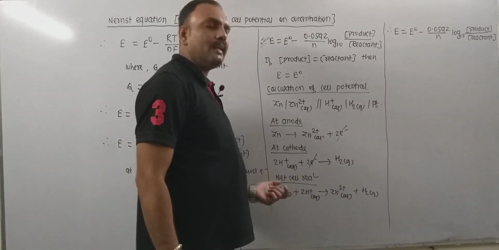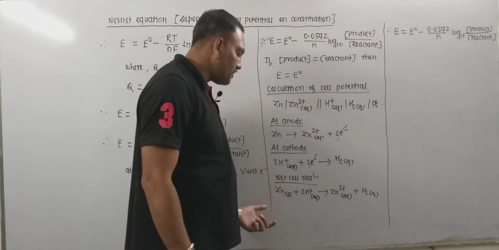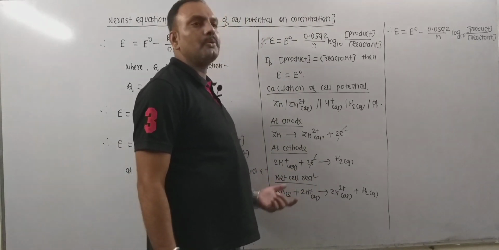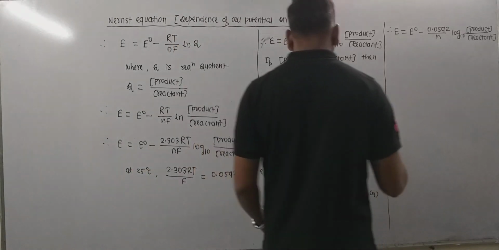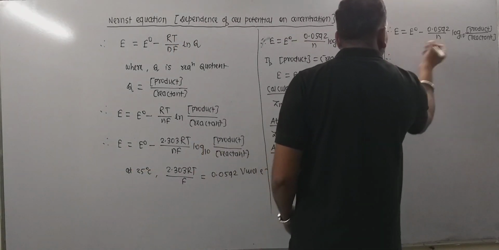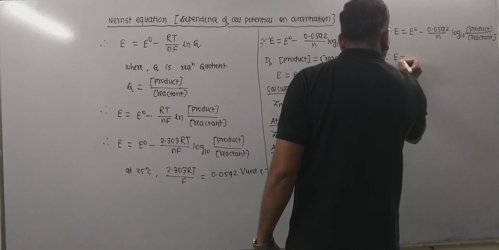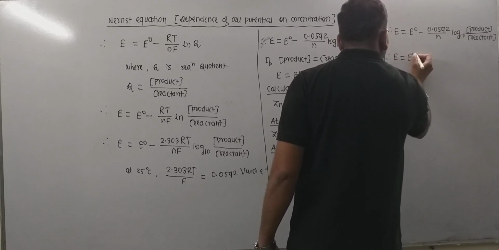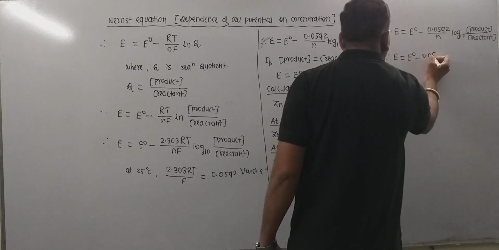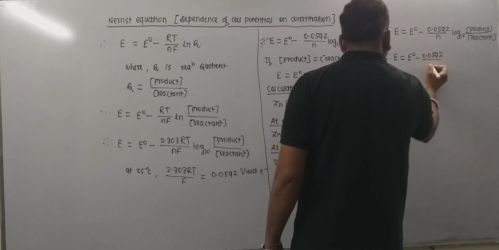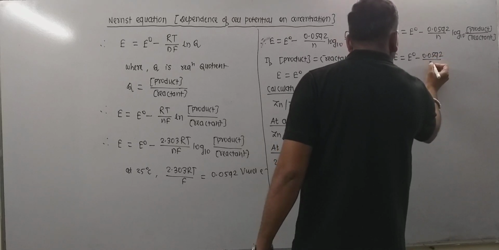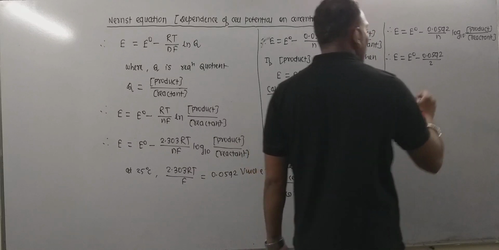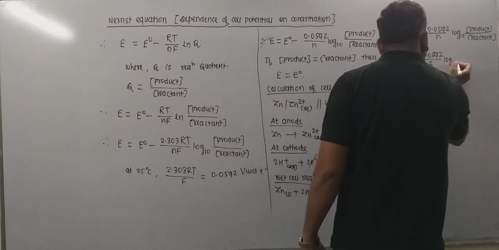Remember, metal in its standard state is supposed to have unit concentration. Thus one can put in this, so we get E equal to E naught minus 0.0592 upon n, where 2 electrons are involved, that's why n equals 2 right here, into log base 10.